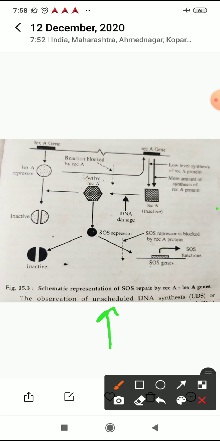SOS repair is a very efficient mechanism to repair damaged DNA, but however it has a tendency to insert mismatched bases while repairing the DNA, and thus SOS repair is error prone, and it introduces additional mutations or additional DNA damage even.